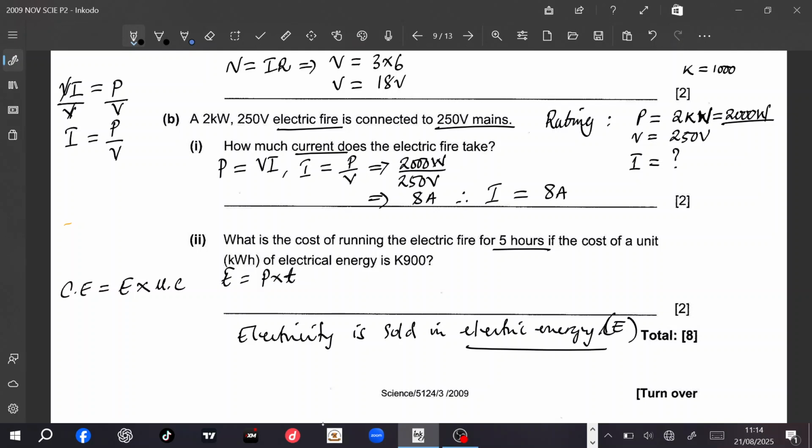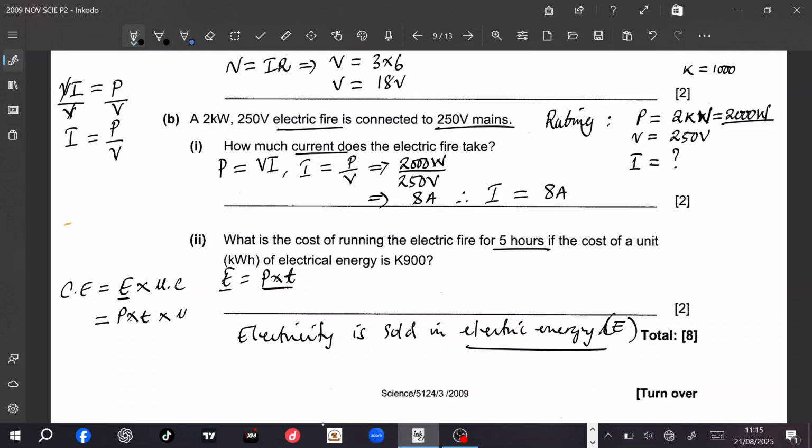So our formula now changes. To find the answer, electric energy used is given by this formula, power times time, so it is substituted here.